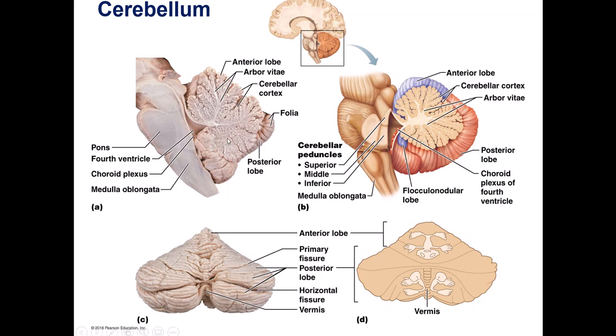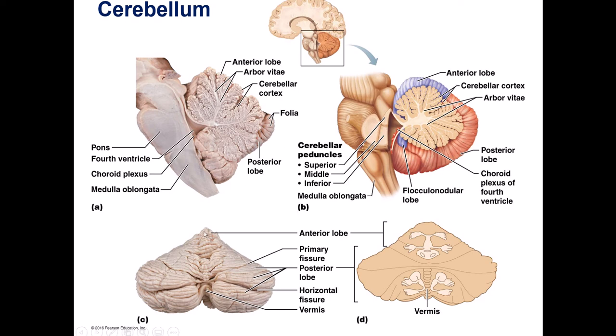So if you look carefully at the white matter of the cerebellum, you'll see it looks sort of like a tree, like the branches of a tree with no leaves. And so the white matter of the cerebellum is called the arbor vitae. Arbor means tree, vitae means life, so we're talking about tree of life.